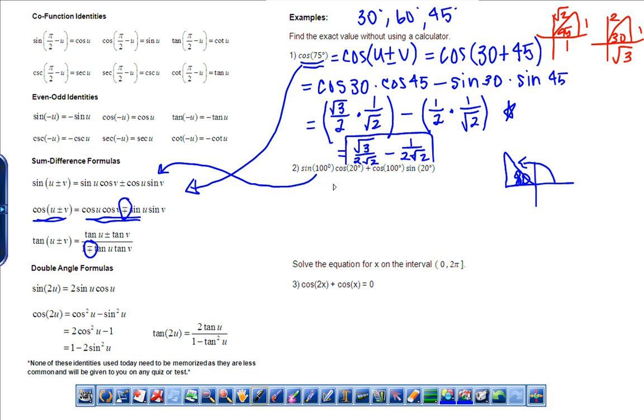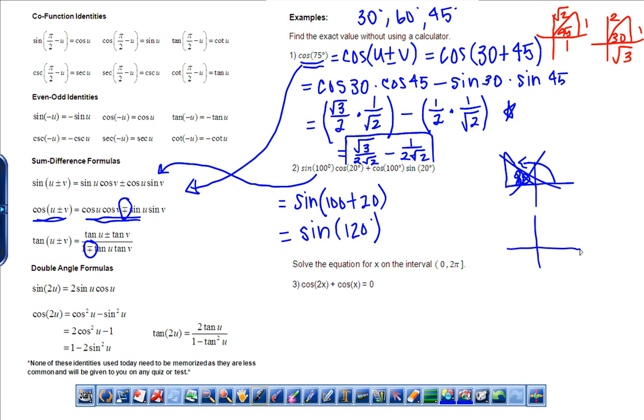So like your identities, if you can do something and make it easier or equivalent, then replace it. So this is like sine of 100 plus 20. So I'm making an equivalent expression, and this can be simplified to sine of 120 degrees. Okay, we don't know this exactly, but I think it's going to be better than that one.